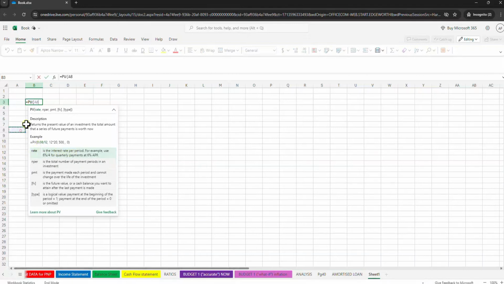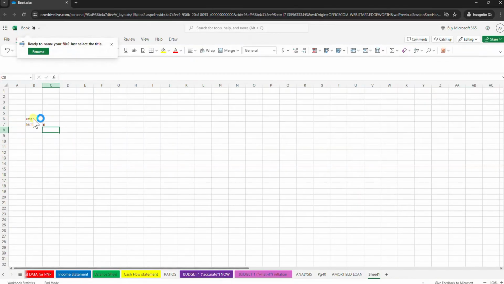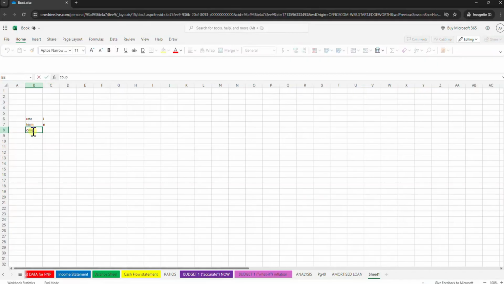So when you want a rate, let me just write that down. Rate is I, term is N, coupon is PMT, face value is FV, and then PV is the bond price.